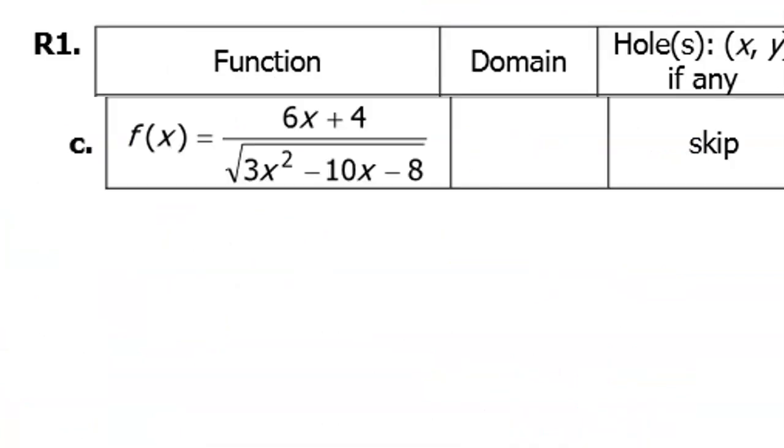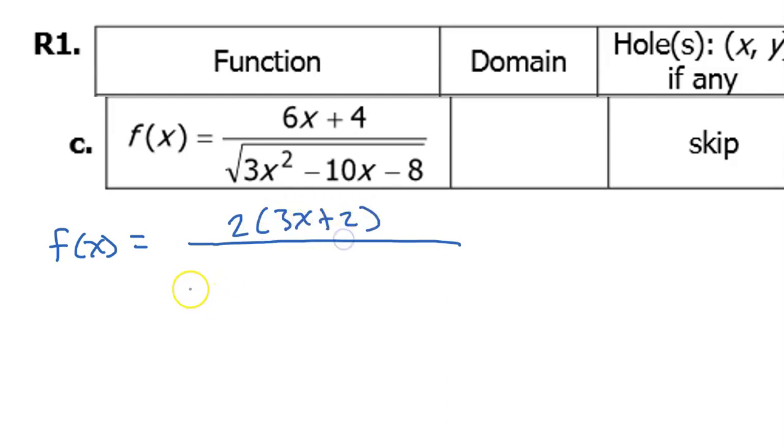Problem C is going to get very interesting because we have the square root happening. That's going to change things a little bit. We will still start by factoring so we can better see what's going on, including the numerator. I see there's a common factor of 2, so this will factor as 2 times 3x plus 2.